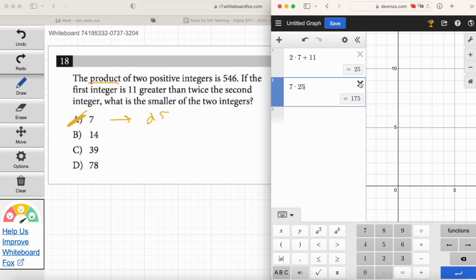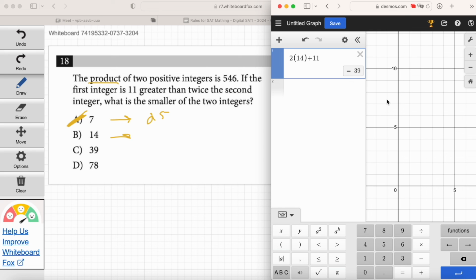So if the smaller integer is 14, what's the other integer? It's going to be 11 more than twice the first one, right? Yes. So it should be 2 times 14, plus 11. Does that make sense? What's that give us? Is it equal to 39? 39, absolutely.